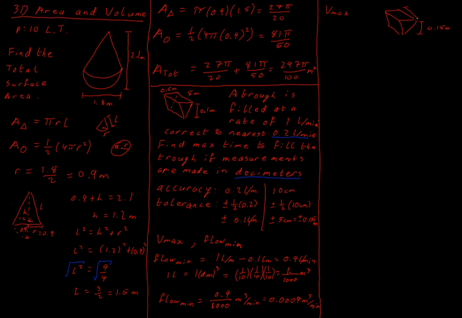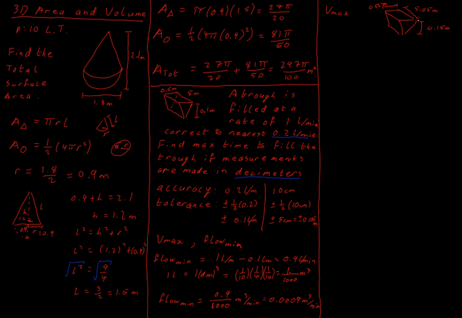Our maximum possible length would be 5.05 meters. And our maximum width would be 0.55 meters. We've added on 5 centimeters in each case. That's the maximum possible dimensions that we could have ended up with based on the accuracy of the measurements we are told about.